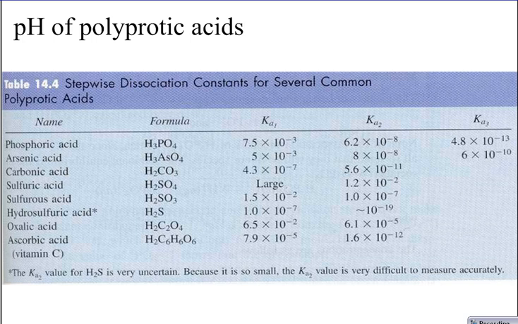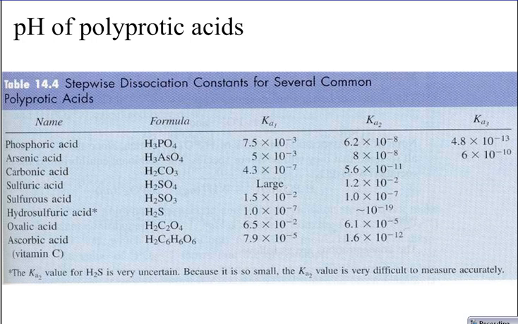And because these second and third dissociations are so infinitesimally small when compared to the first dissociation, the concentration of hydrogen you receive from them can be ignored. Much like we ignored or neglected X, we can neglect the second and third dissociation and say each acid can only donate 1 hydrogen, unless it's a strong acid.